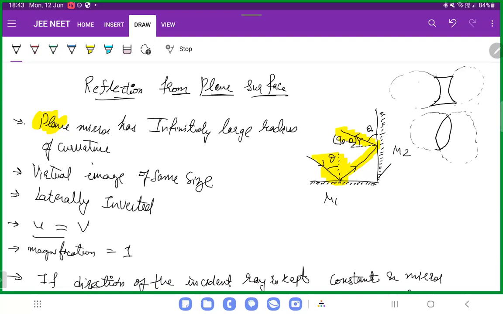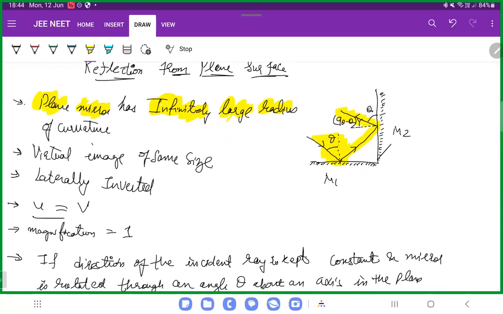It is made up from two circles. So a plane mirror has infinitely large radius, and it always gives a virtual image.